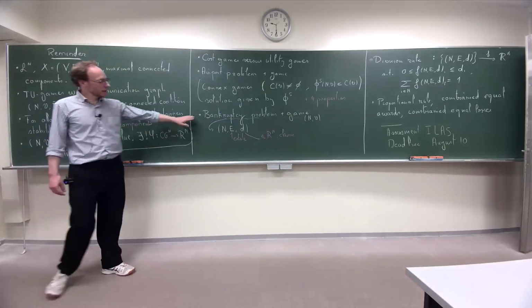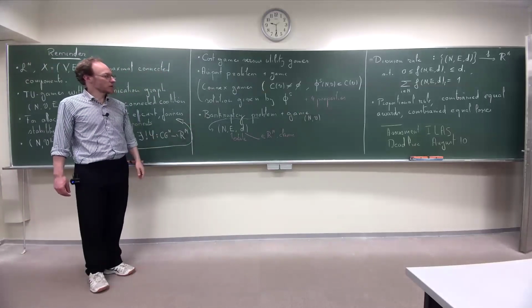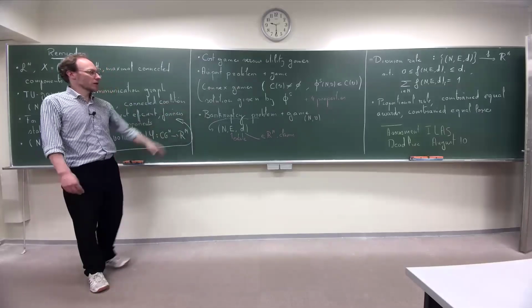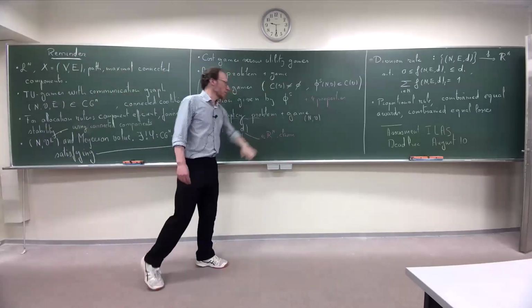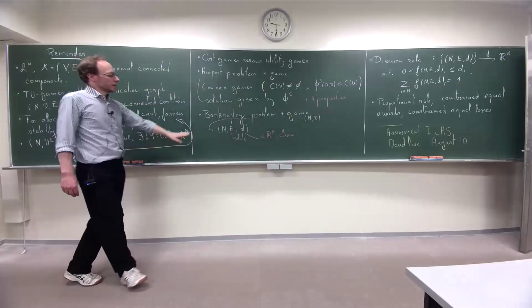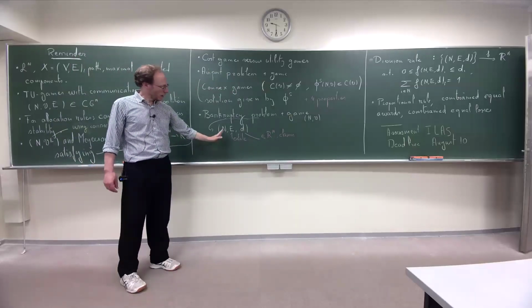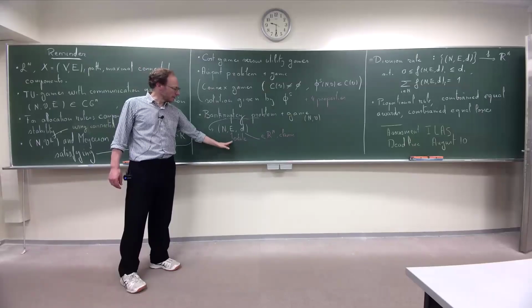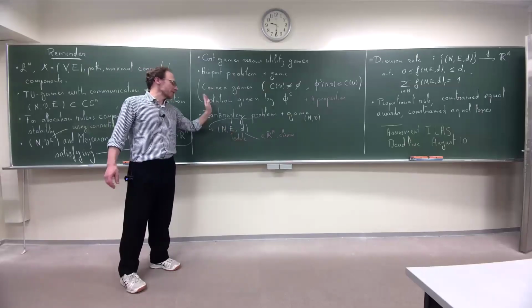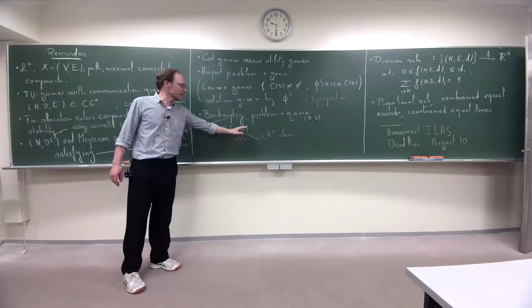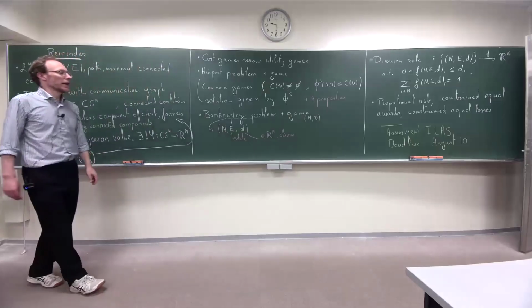Then I introduced a second problem, which is this bankruptcy problem and the related bankruptcy game. It's now made of 3 ingredients. You have the set of n players, you have the estate, or what is left after bankruptcy, and the claims from the n players.